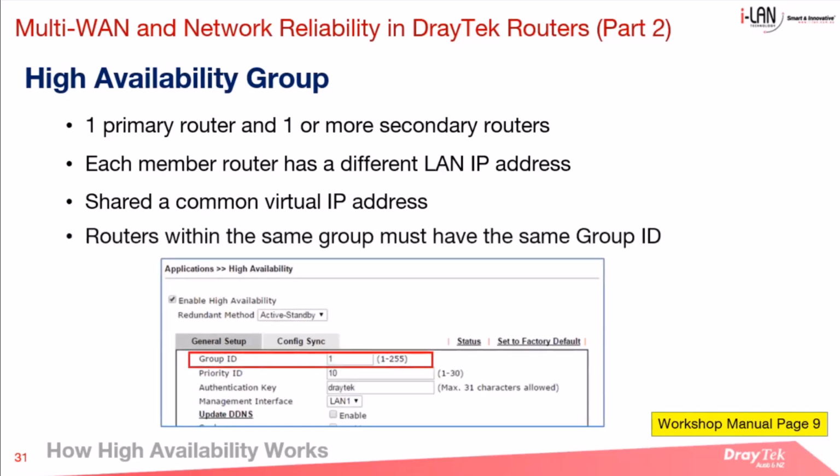In addition, routers within the group must have the same ID. In the example shown here, we have set the group ID to be 1.